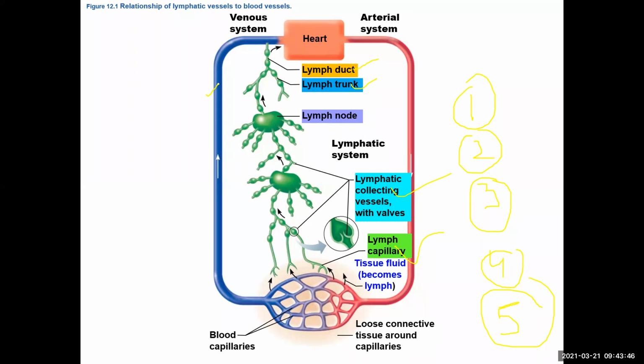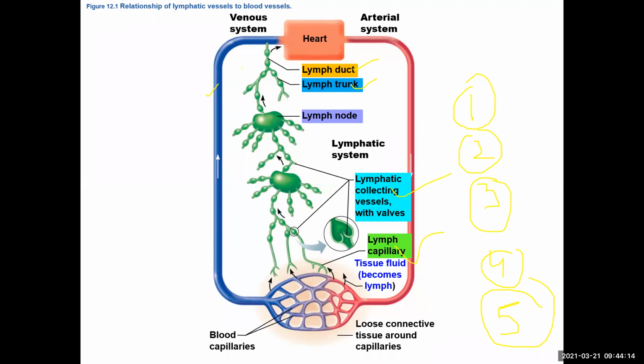Number two, they have thinner walls because of this less smooth muscle, less elastic. They have valves and are at low pressure, right? And then we learned that the veins have the lowest pressure in the body, with the superior and inferior vena cava having the lowest pressure. That's what we learned about the veins, the arteries and the capillaries.